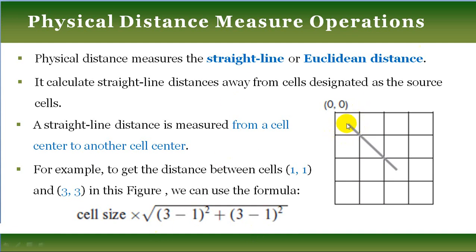What should be the distance from this cell center to this cell center? It should be exactly 84.84 meters. If we multiply 30 into this, it will measure the distance in meters, and it should be 84.84 meters. In this way we can perform physical distance measurement.